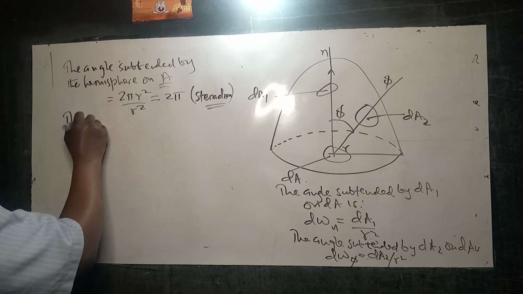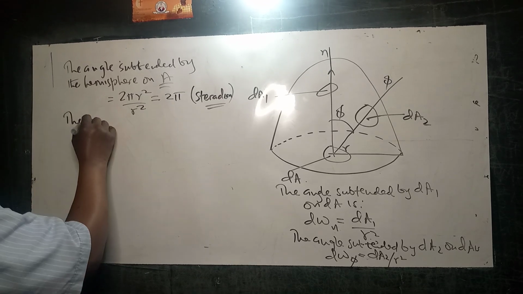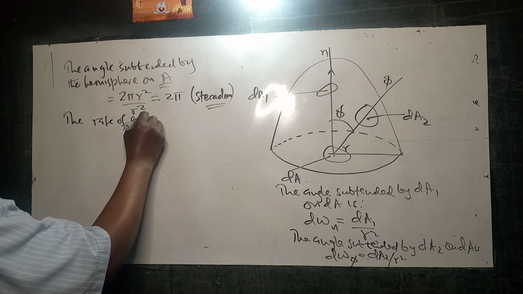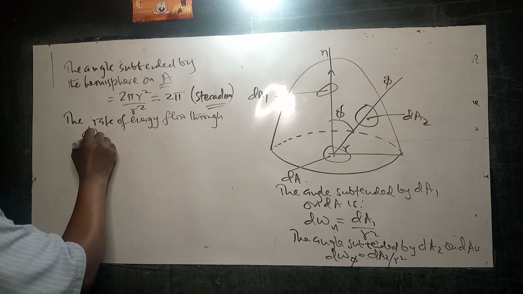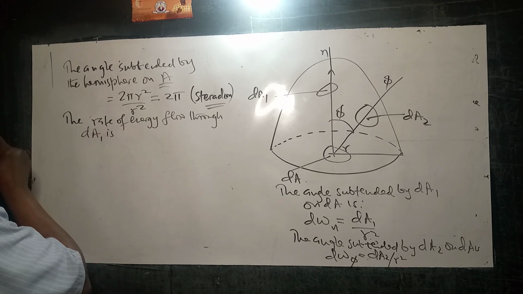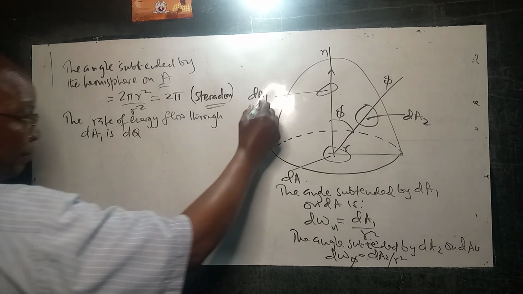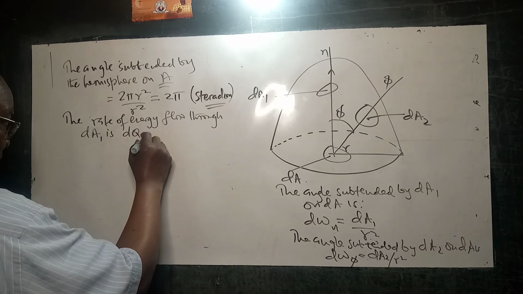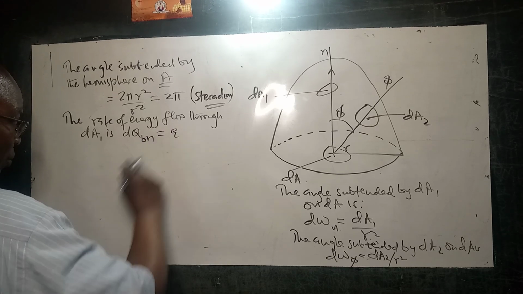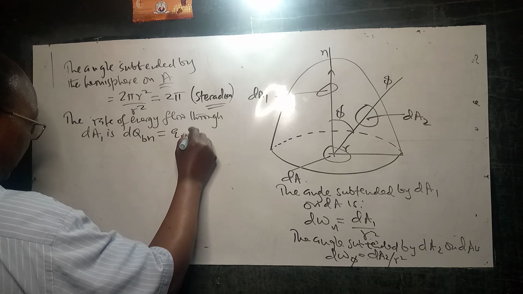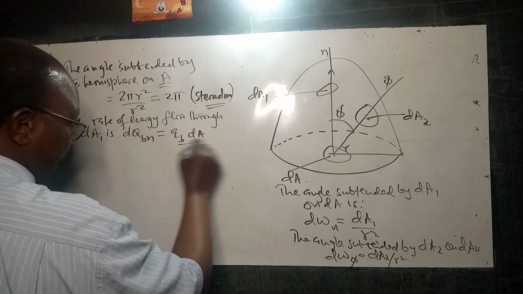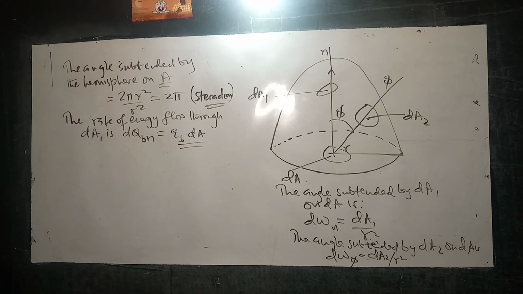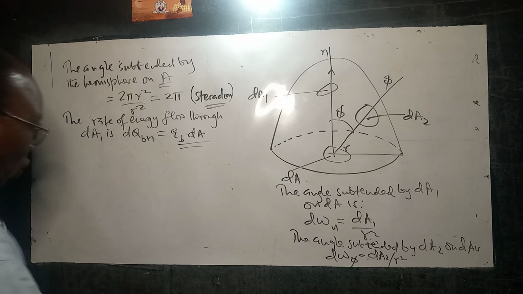So the rate of energy flow through dA1 is dq, for the black body, with n, and that is qb dA, and that is very important for us to note.